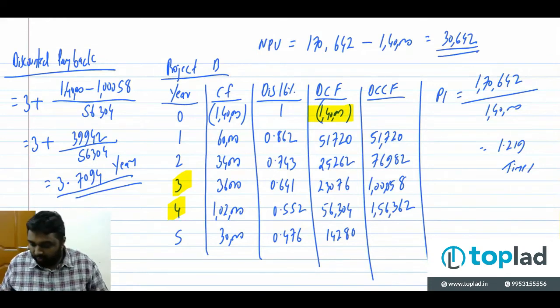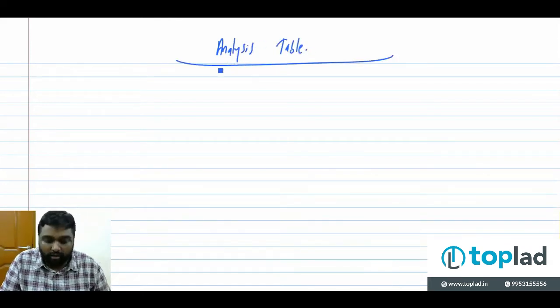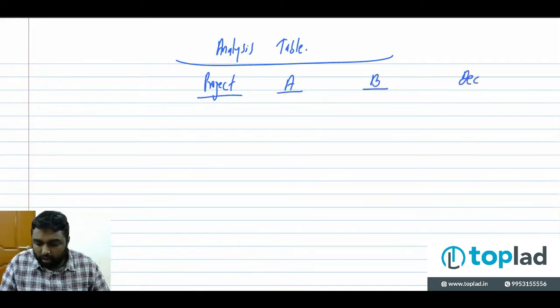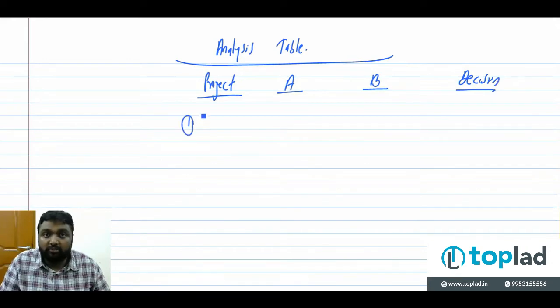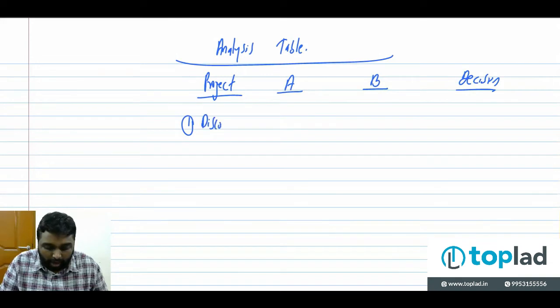So once you finish it, you can make an analysis table also, though they are not asking specifically. So project A, B, you can go for decision also. First is what? Discounted payback.